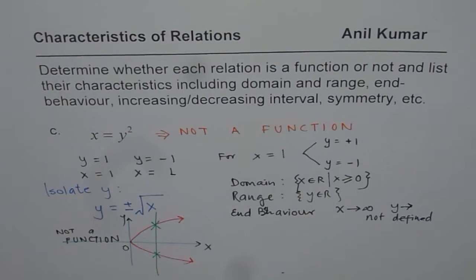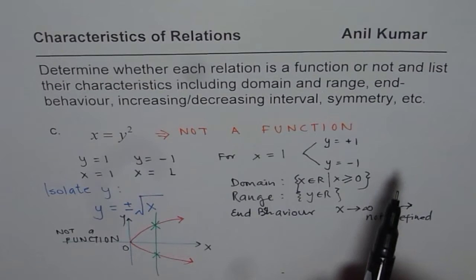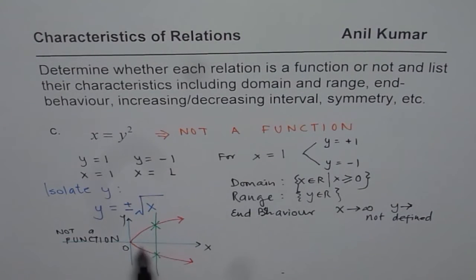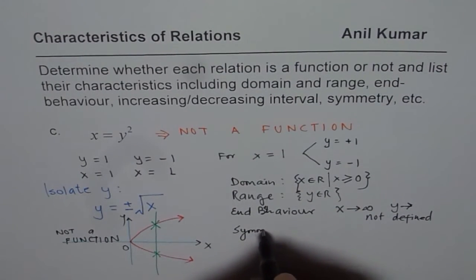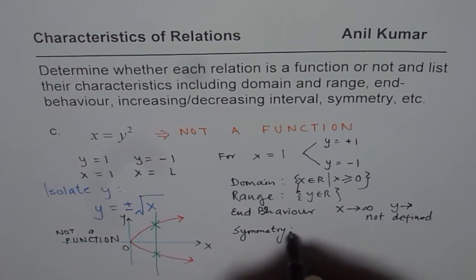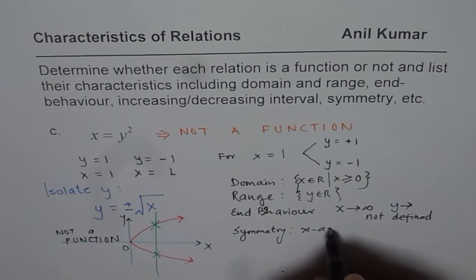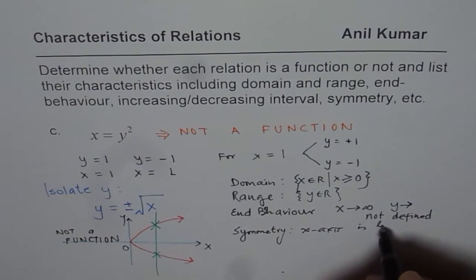As far as symmetry is concerned, we know the x-axis is the line of symmetry for this particular graph. That is not a symmetry which we normally talk about, but we can say the x-axis is the line of symmetry.